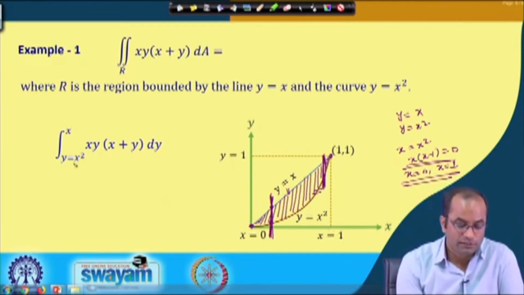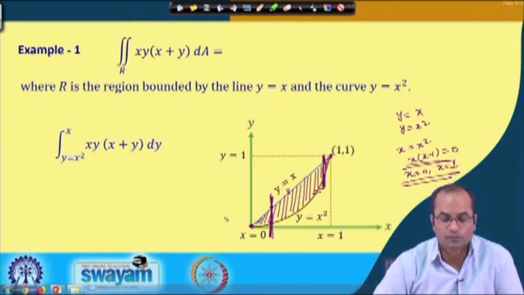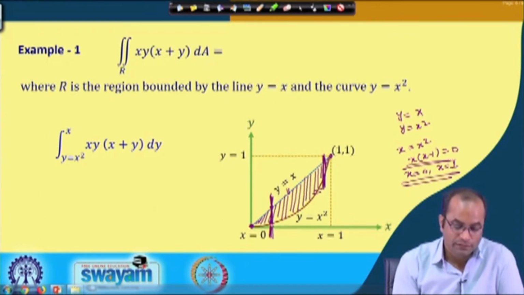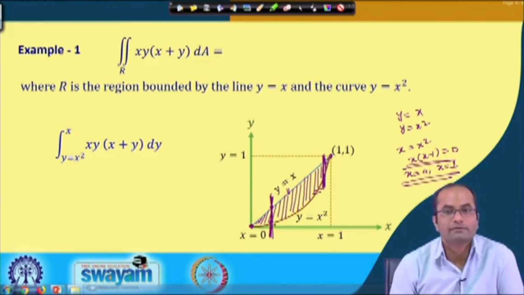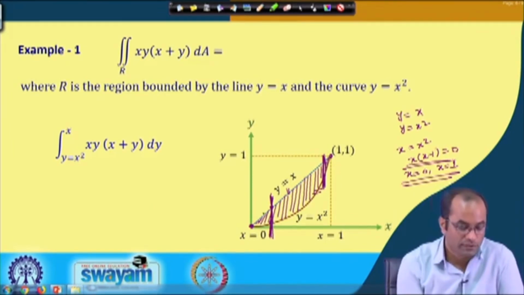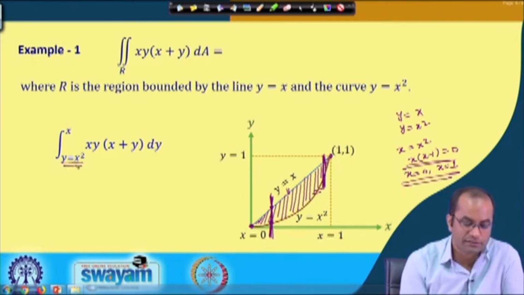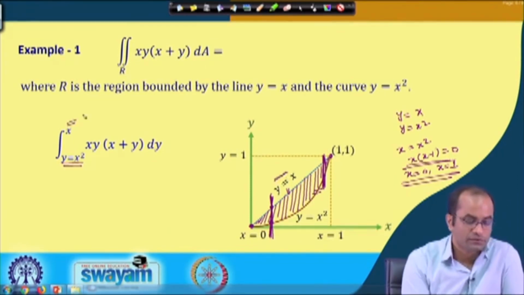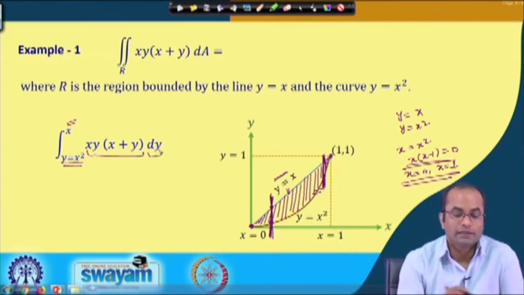So, first we will put the limits for y, because we are going to integrate first with respect to y in this case. The limit for y will start at x square, because at this point when it enters the domain it is y is equal to x square, and then when we leave the domain it is y is equal to x. So, these are the limits. We have the integrand x y times x plus y, and we will integrate with respect to dy.